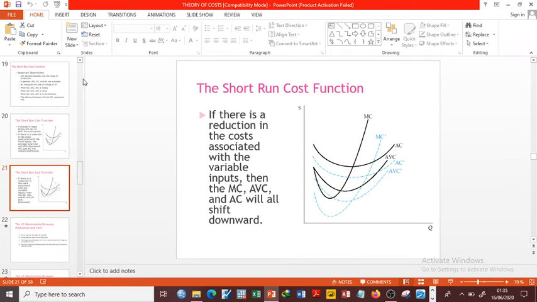Similarly, when we see these inward shifts of the blue curves, it means there has been a reduction in the average variable cost, in the average cost, and in the marginal cost. That's why these are the new curves that are shifting downwards.